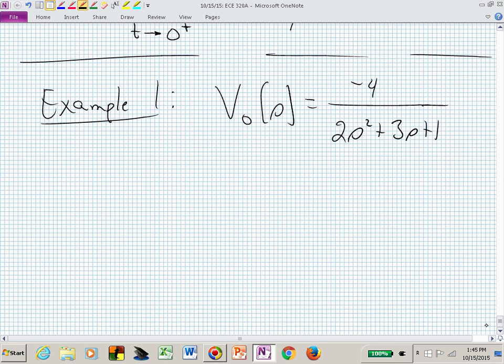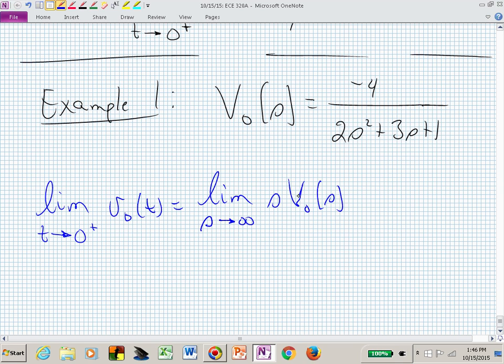We're assuming it's well behaved. Now we want to look at the limit as t approaches 0 from the right of little v sub 0 of t. We're wanting to know where did we start. That's equal to the limit as s goes to infinity of s V sub 0 of s.